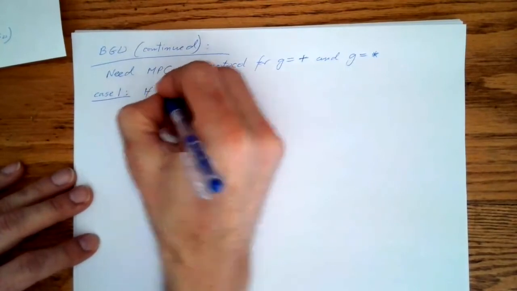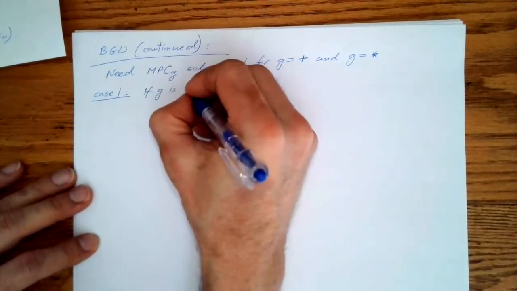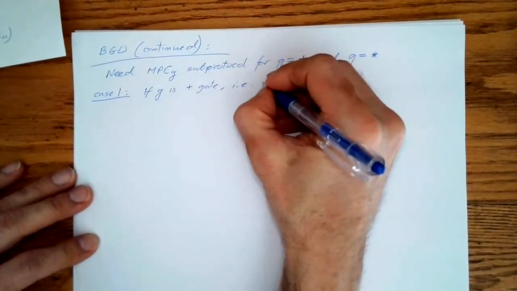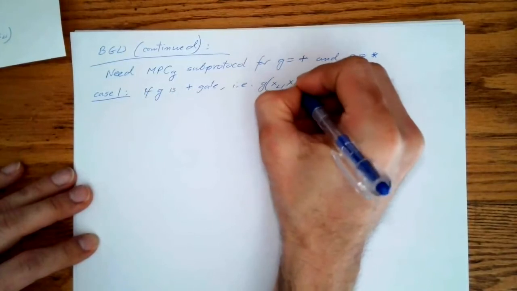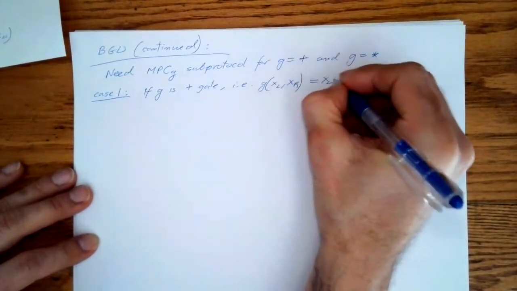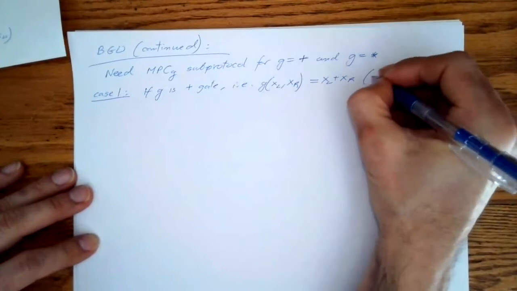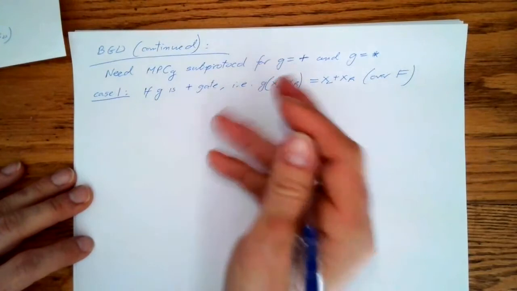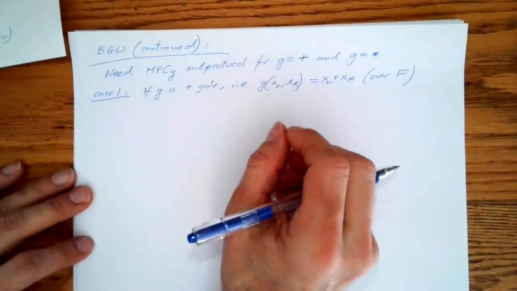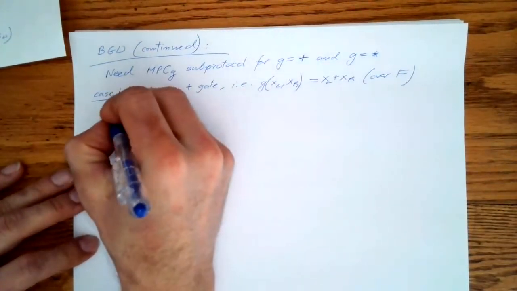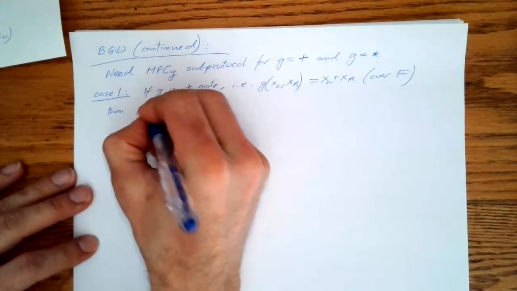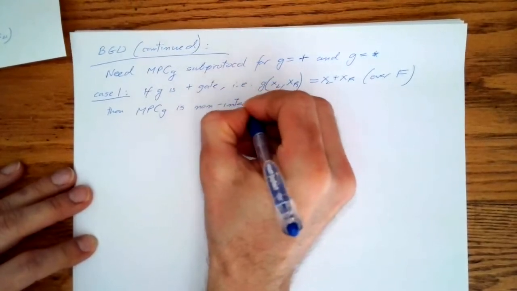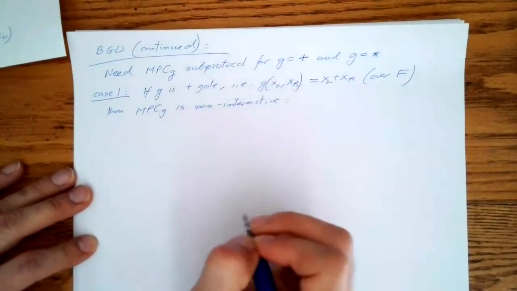If G is a plus gate, i.e. the output is simply the sum over field F, right? So what this gate does is that it sums the inputs. Then the MPC for this gate is non-interactive. In fact, the protocol could not be simpler.